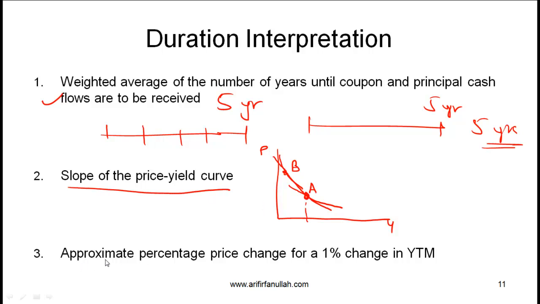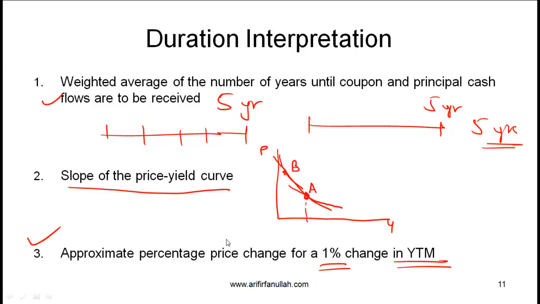And the third and possibly the simplest interpretation is that duration is the approximate price change for a 1% change in YTM. So if you are explaining this duration concept to your boss, who is not a very smart man, then probably this is the one that he will understand the best.